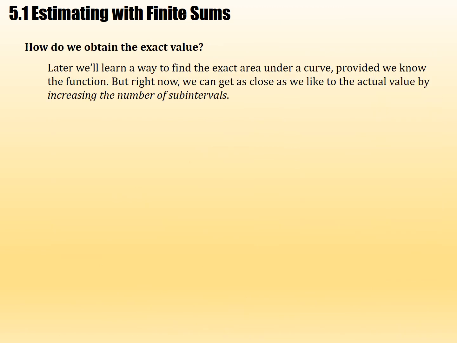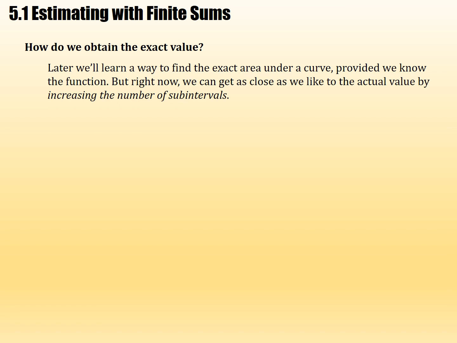How do we get the exact value of the area under a curve? Well, certainly there's the algebraic way, which, just like with derivatives, we learned how to approximate before we ever learned how to find the exact slope of a curve at any point. But this isn't just because they're trying to torture you early. In order to find the exact derivative or the exact area under a curve, I need to know the function.